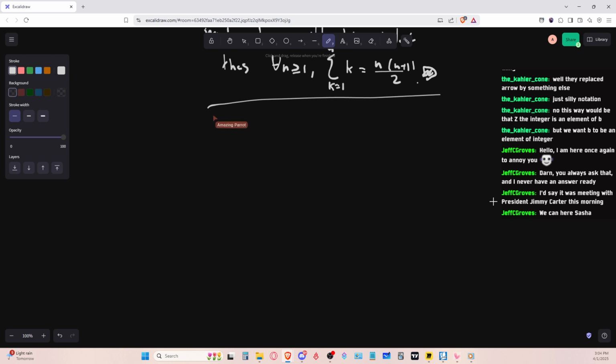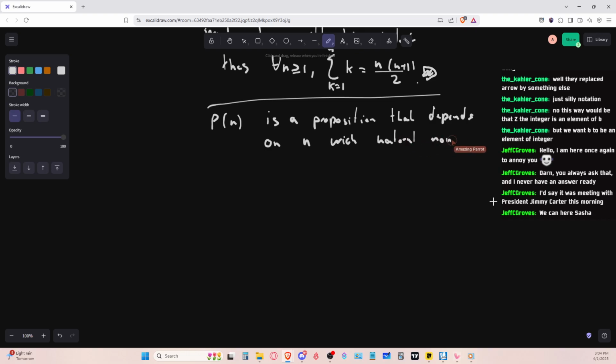Let's say P is a proposition that depends on some natural number n.